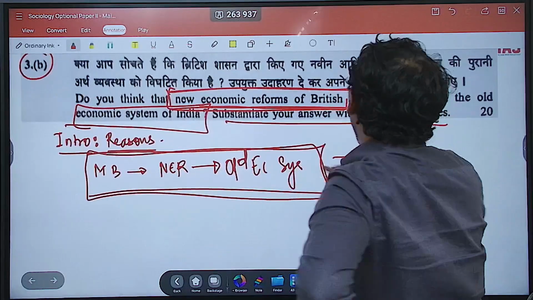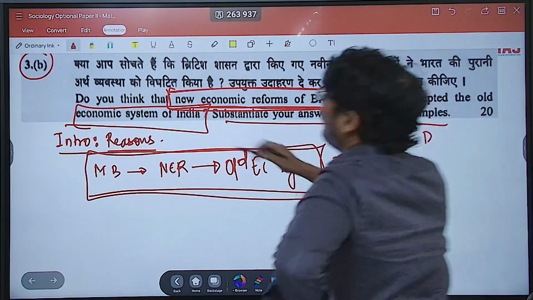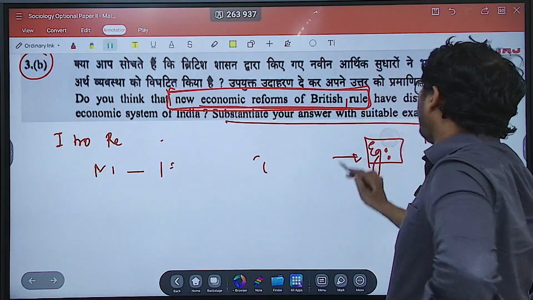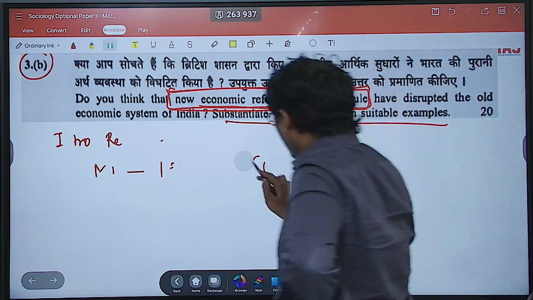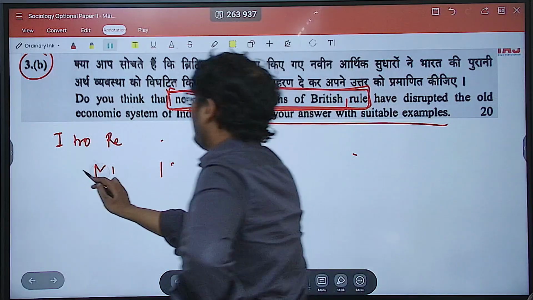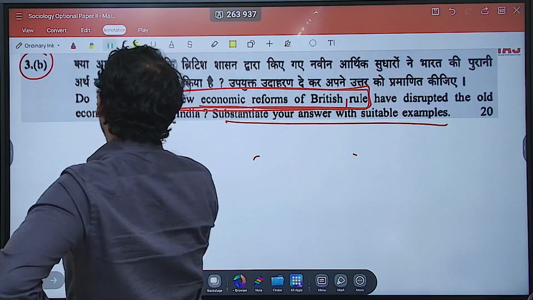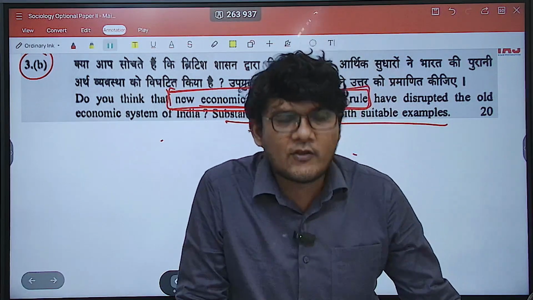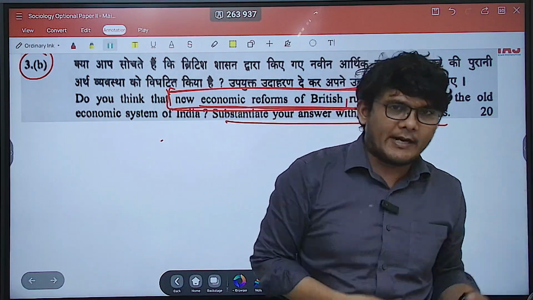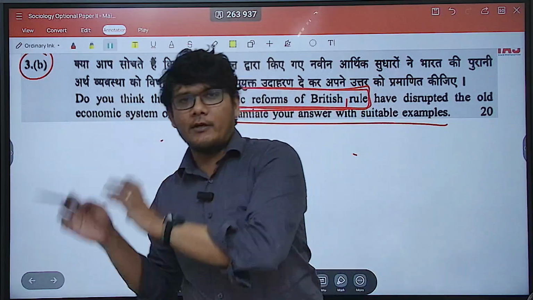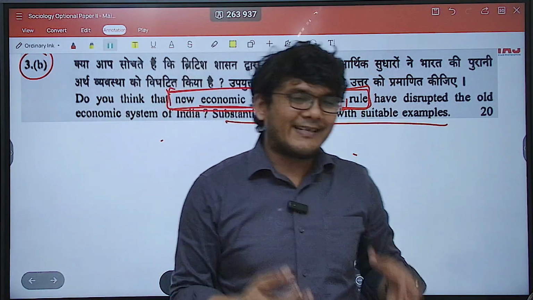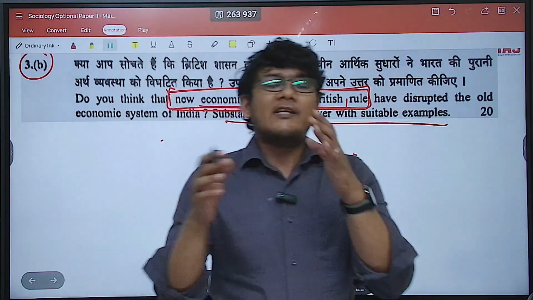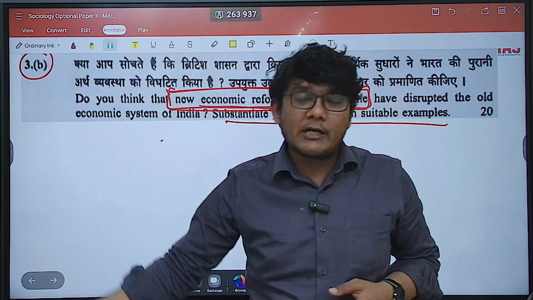So for example, the Britishers were focusing on deindustrialization with respect to the Indian capitalists, with respect to their own profits. What the Britishers used to do is take all the raw materials from India, take it to their own country, use those raw materials in their industries, convert it into the finished goods, sell it to the rest of the world, including India.